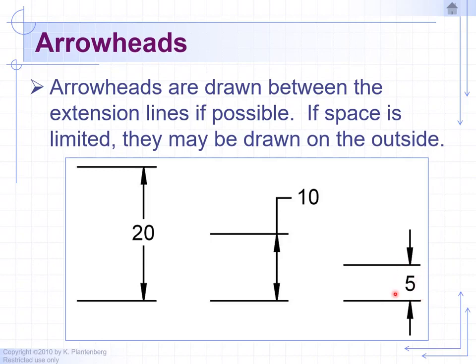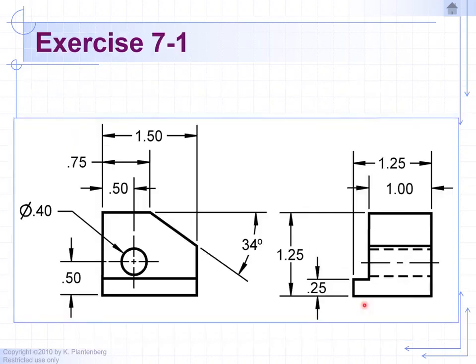And if it still looks too crowded, you can also take the text of 5 outside, just like we did with the 10 on this one. Once again, avoid having crowded symbols and text, and one way is to place them on the outside. Next slide.